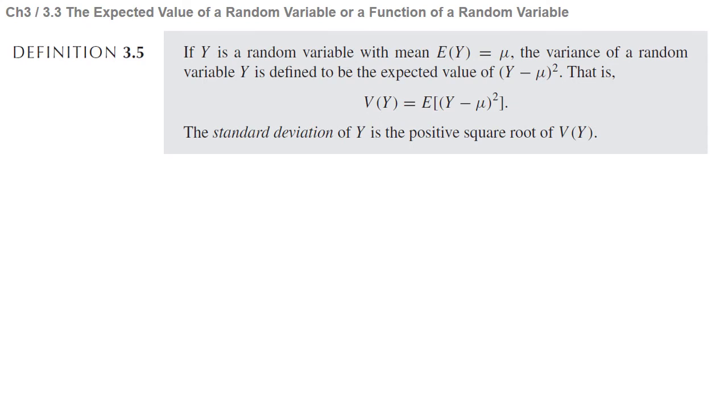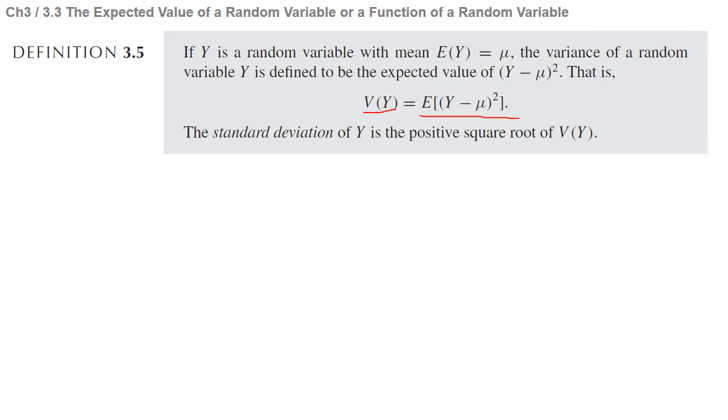Here is definition 3.5. If y is a random variable with mean, expected value of y equals mu, the variance of a random variable y is defined to be the expected value of (y minus mu) squared. That is, V(y) is E[(y - mu)^2].